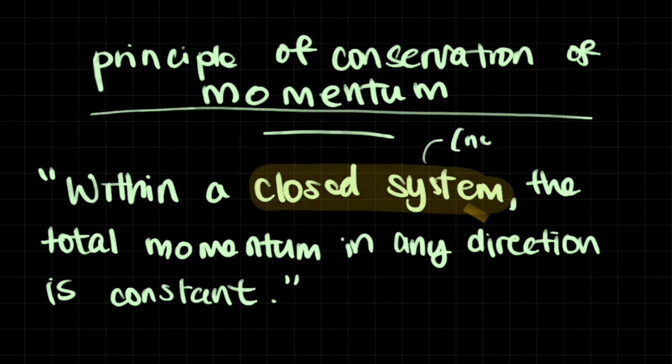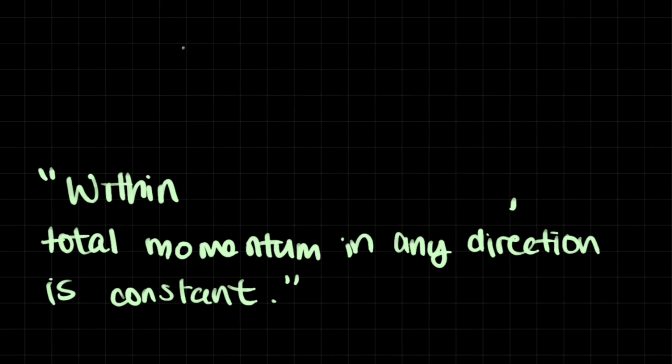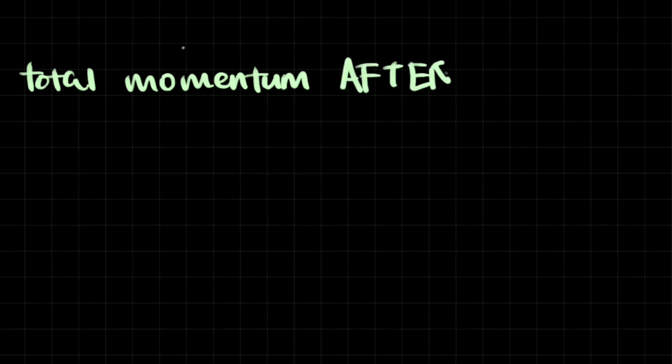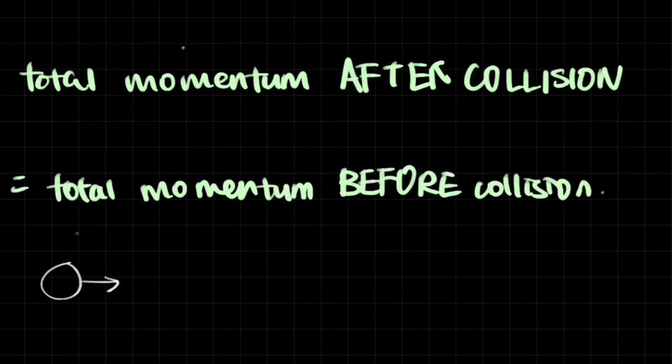A closed system means that there is no external force, and assuming that there's no other debris carrying some momentum away, the total momentum is always conserved. They equal each other out, which means that the total momentum of all the different objects in the collision after the collision is equal to the sum of the momentums of the various objects before the collision.